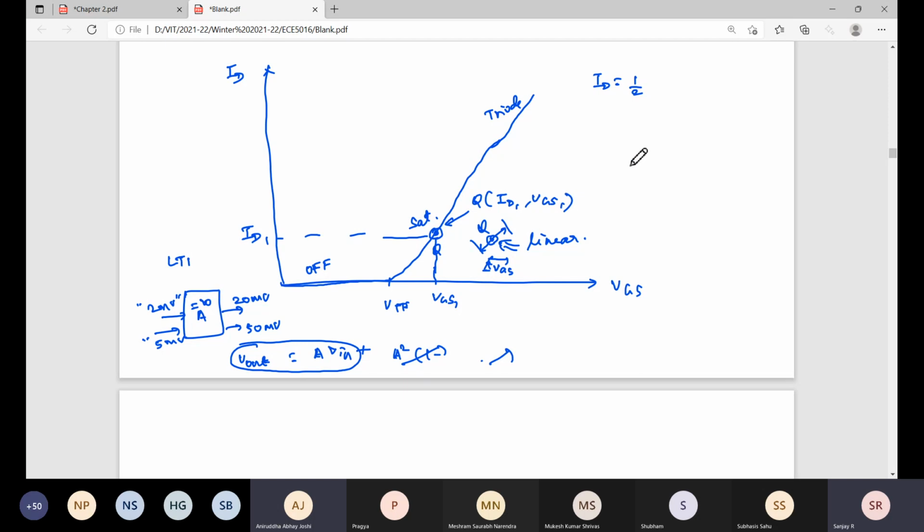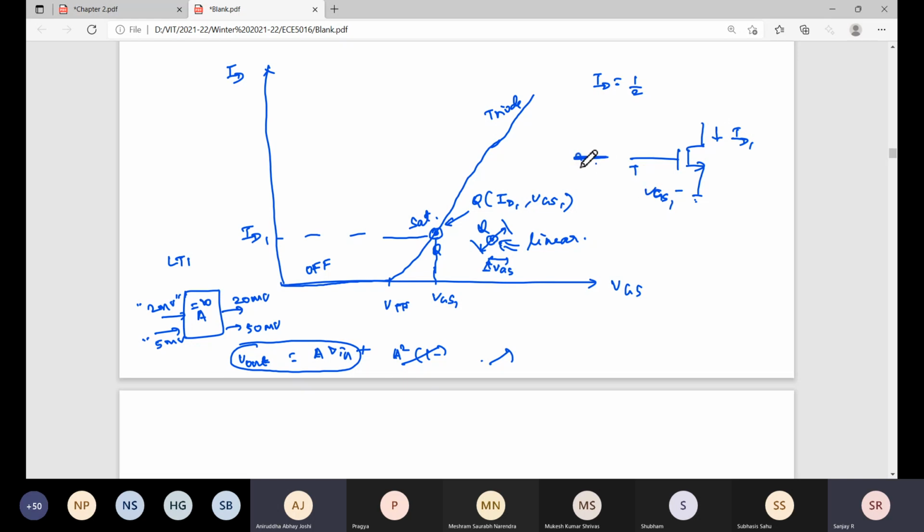That means I'm operating the transistor with a fixed VGS1, so for fixed VGS1 there is a fixed ID. In this bias condition, we apply a small signal, very small compared to the biasing value. This is the bias point.